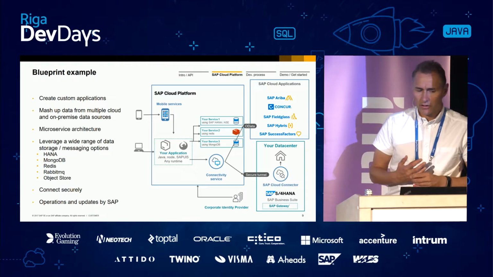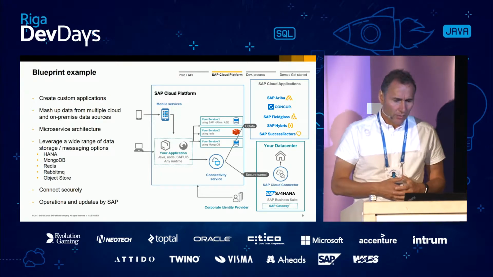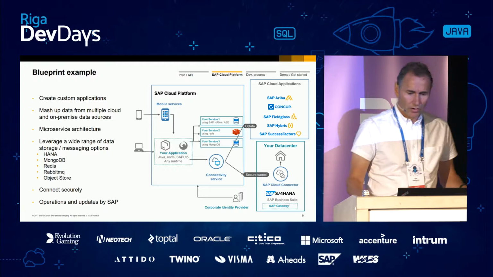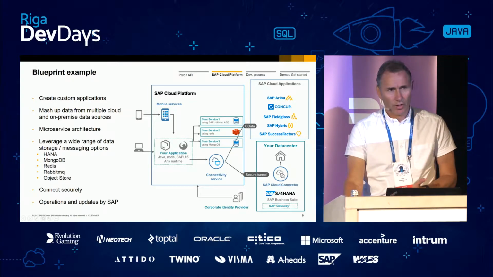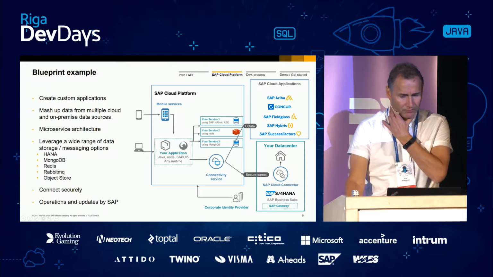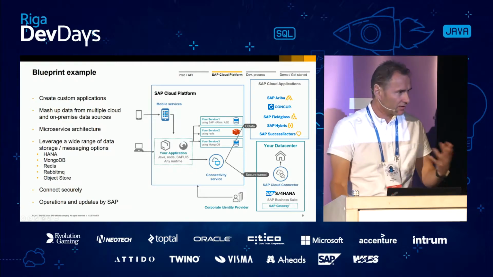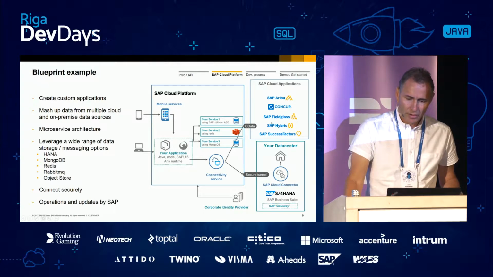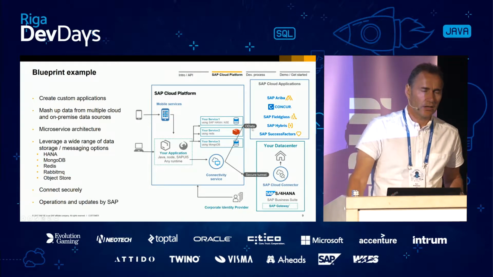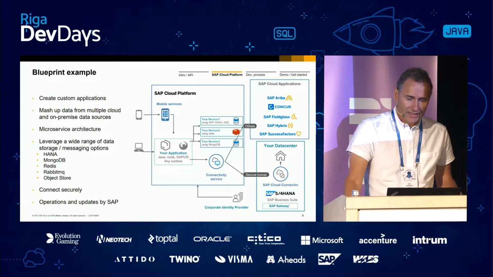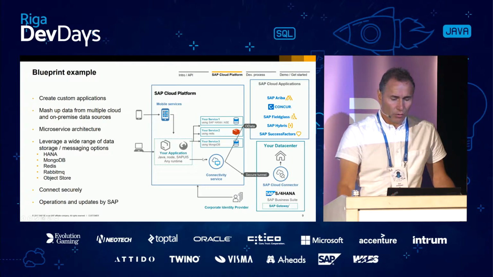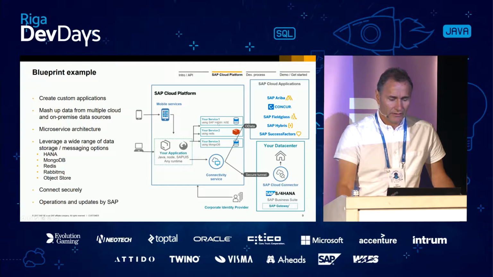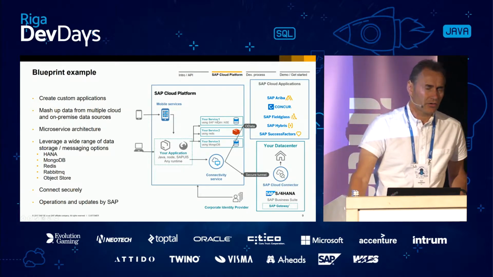This is kind of an architecture or blueprint picture of how it works. So we have different cloud applications and also on-premise applications. The cloud applications, at least those that we provide, typically offer an OData or REST-based API, which is then accessed through a connectivity service on the SAP Cloud Platform and then made available for the applications or the microservices that the application consists of.